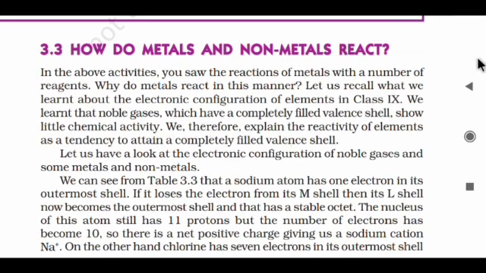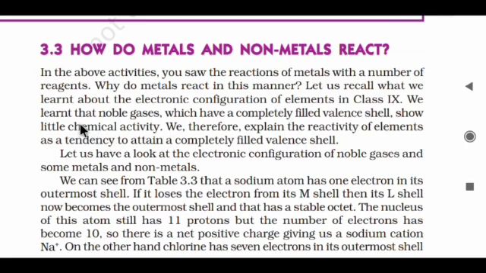Noble gases mean satisfied gases which have fulfilled outer shells. Suppose you take argon, which has 8 electrons in the outer shell; it is fully satisfied, so it is less reactive. Valence shell means the outermost shell.